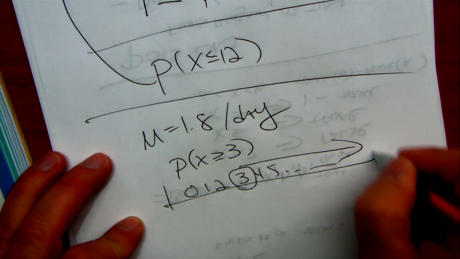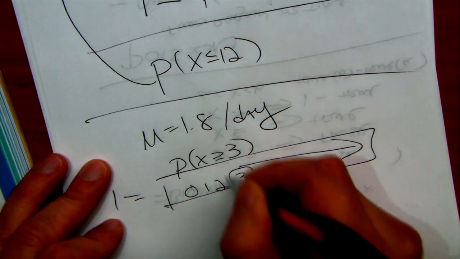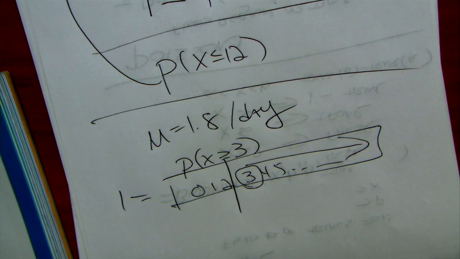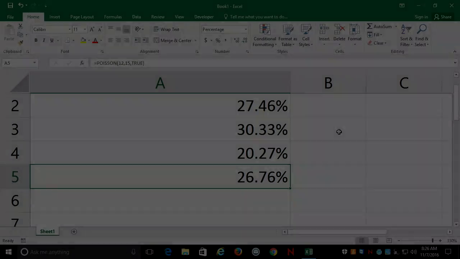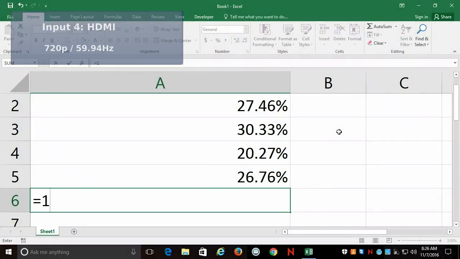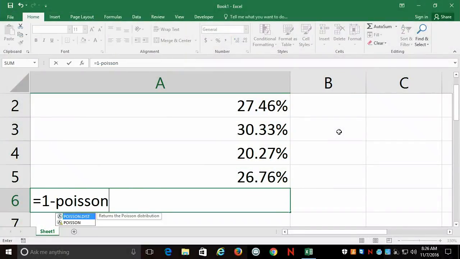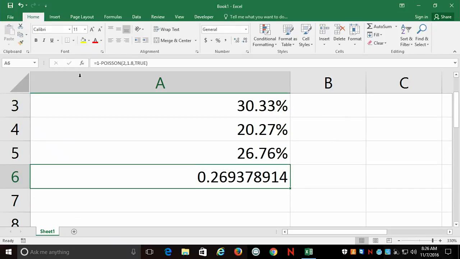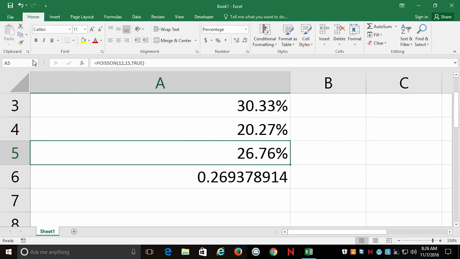So what I'm going to do is take 1, and cut off 2 and down. Makes sense, hopefully. So 1 minus, take 2, 1.8 is the average, and I get roughly 27%.